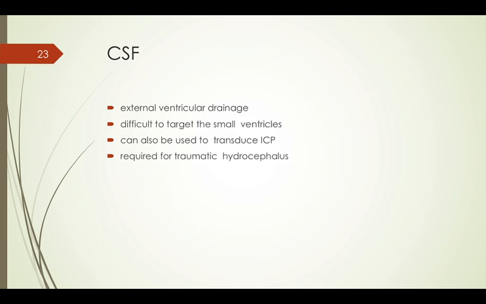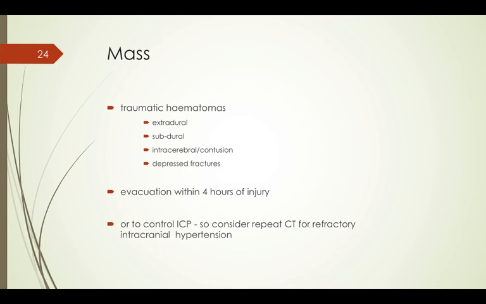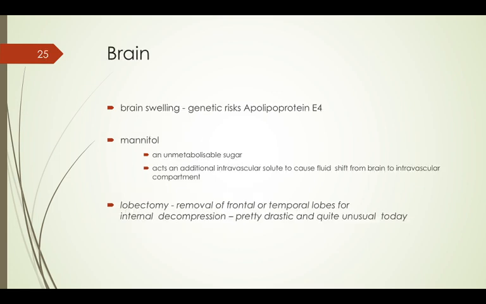With regards to CSF, we can put in a drain, direct the CSF elsewhere, and it's often used in pathologies such as hydrocephalus. If it's a mass, masses can take the form of hematomas, extradurals, subdurals, etc. Basically try and evacuate them, get rid of them. And finally with the brain, there's not really much we can do apart from reducing edema and swelling.